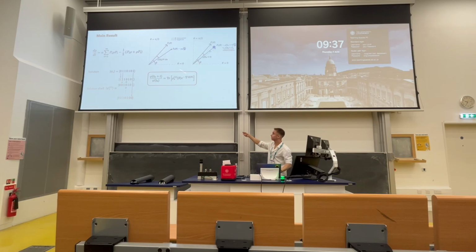I'll rewrite it in terms of a trace so that it's closer to the expression given by the state of the art. As I said, it's an expectation value. But remember, we also wanted to know if the error is small, otherwise it doesn't make sense. So we also have an expression for the relative error. Relative means it's the absolute error over an important part of the state we want to keep track of.